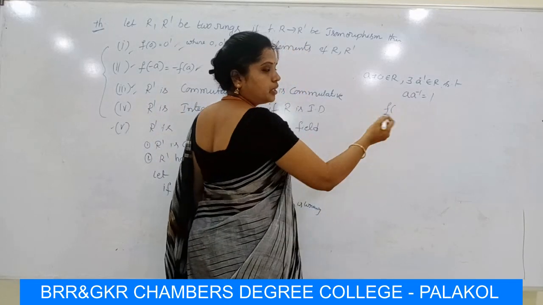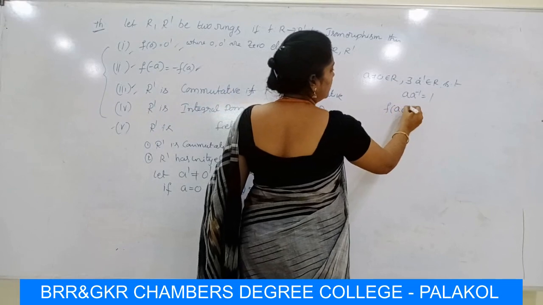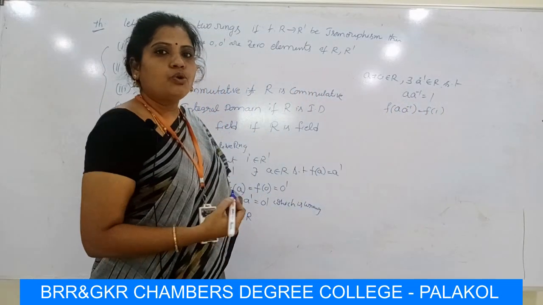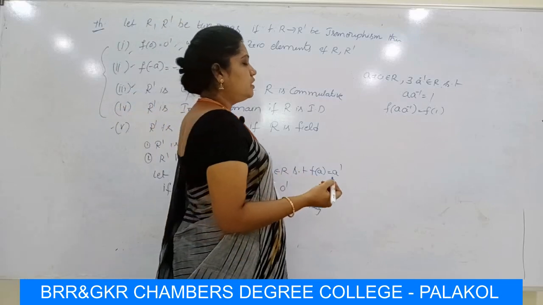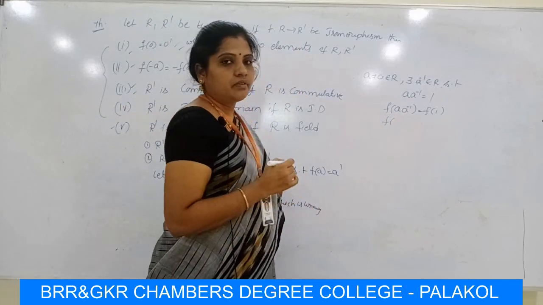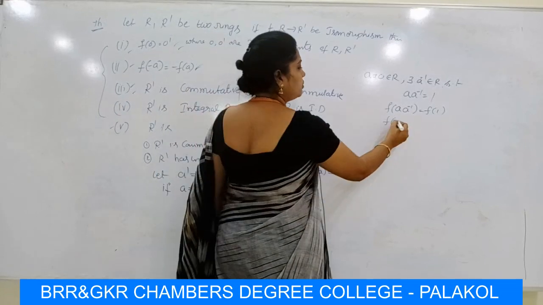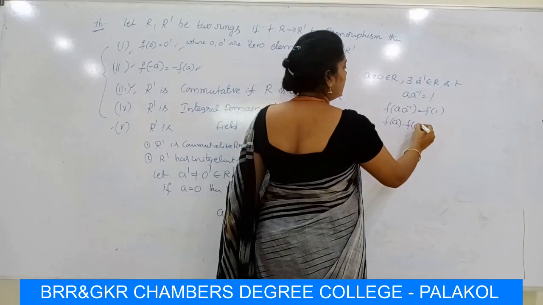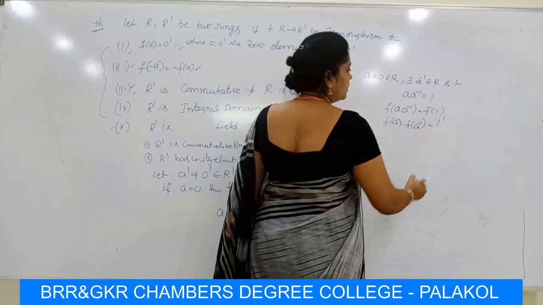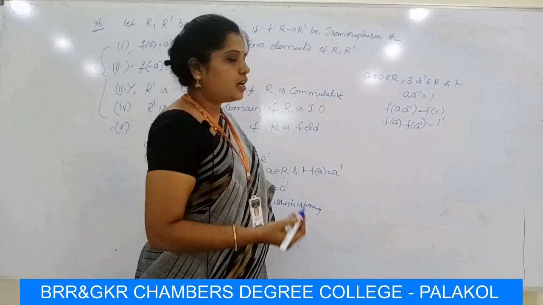Now apply the f mapping on both sides. Then f of a into a inverse is f of 1. Here f is a homomorphism, so by the second condition, f of ab can be written as f of a into f of b. So f of a into f of a inverse is equal to f of 1, which is 1 dash, the unity element of R dash.